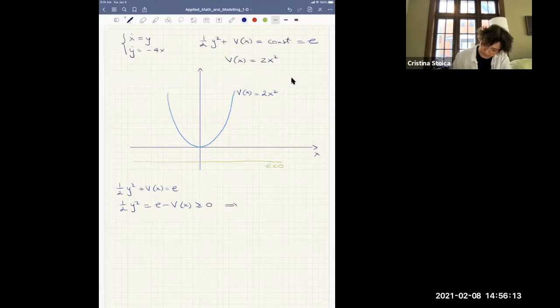So V of x better be always less than the energy level. And now I'm starting the discussion with the energy level. This condition tells us where x is allowed to be.